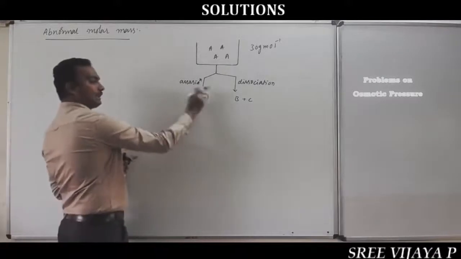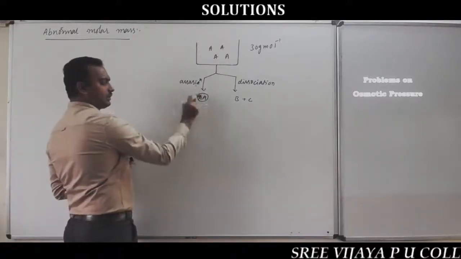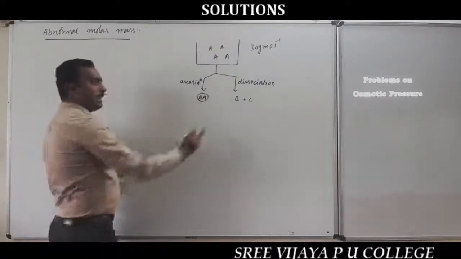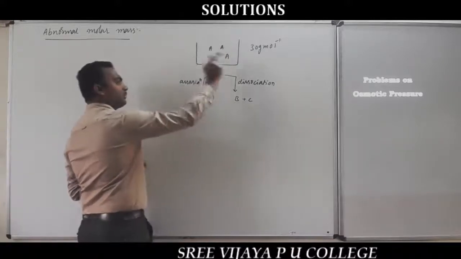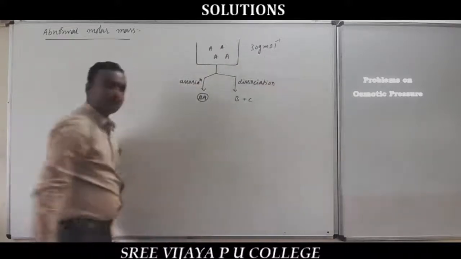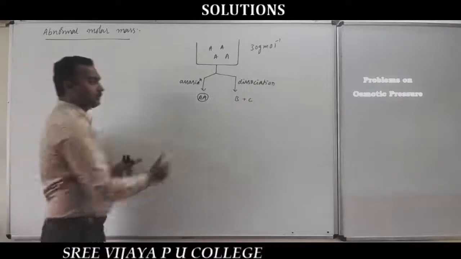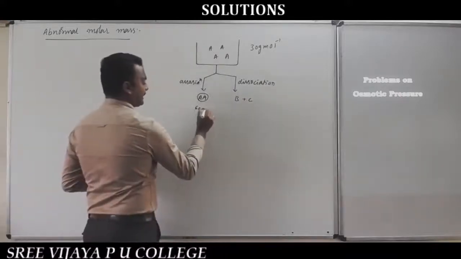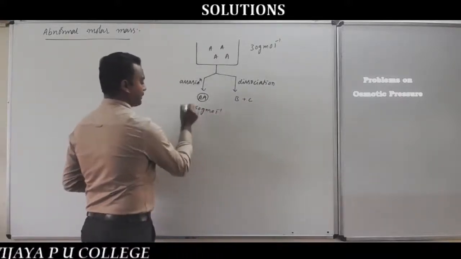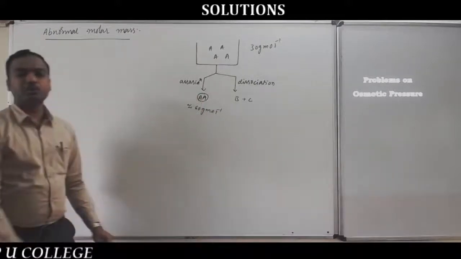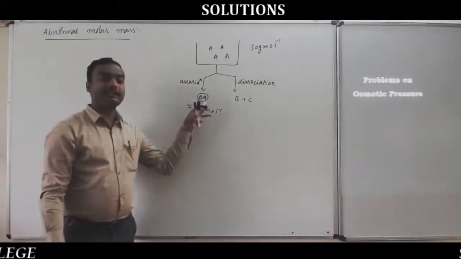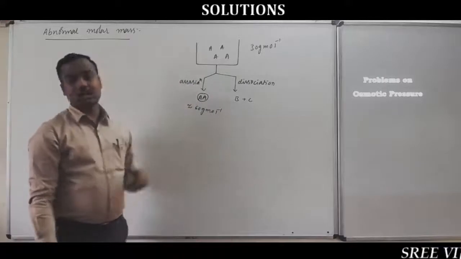This acts as one particle now. After association, this acts as one particle, and each particle before association has a molar mass of 30 gram per mole. After association, it may be approximately 60 gram per mole, the molar mass of the solute particle after association.